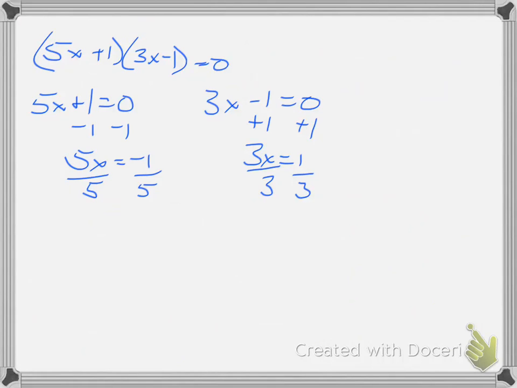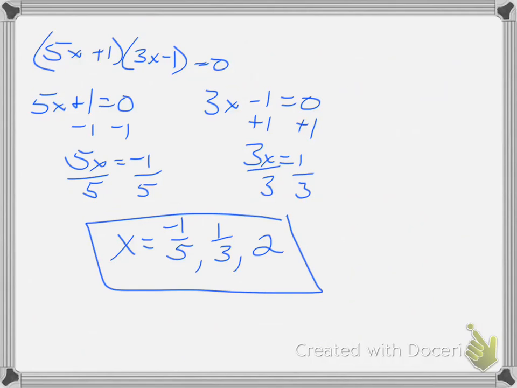And my roots for the polynomial are going to be x equals negative 1 over 5, positive 1/3, and don't forget the root that worked when we were checking the synthetic division, which was positive 2. So that is all the roots of the polynomial. And notice there are 3. There are 3 because it was a cubic, so that means I have all of them there.